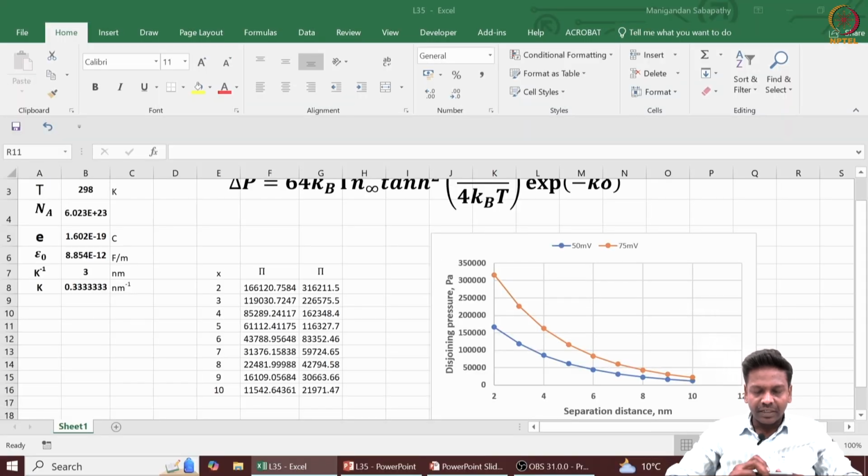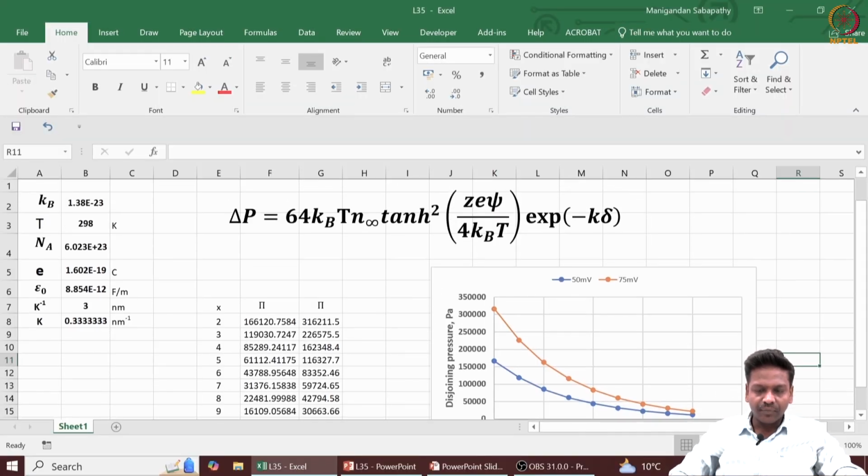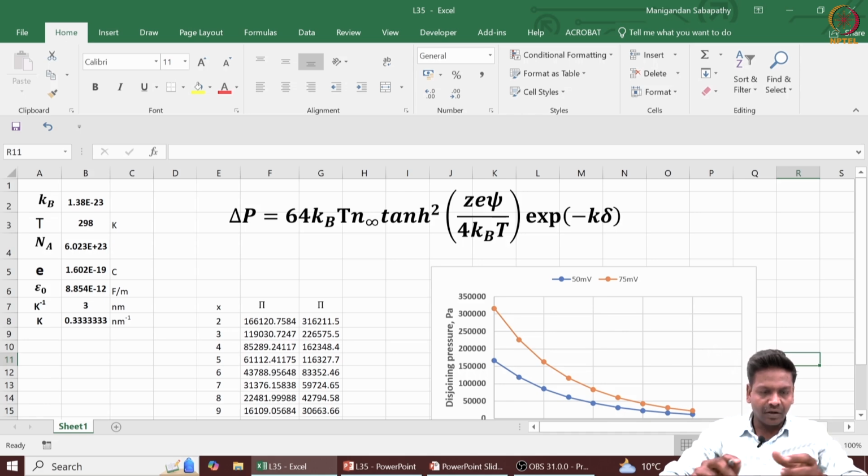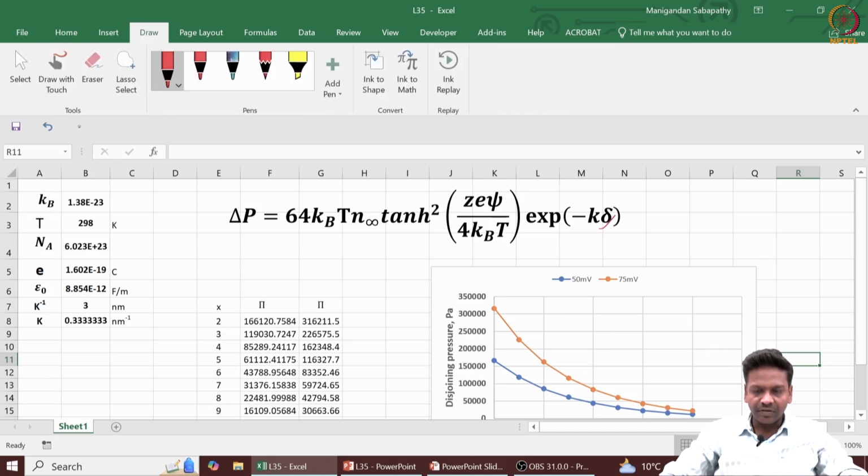Let us look at the equation that we have. This is a function of delta, that is the separation distance. This we already know. Kappa is the inverse of the Debye length, which we already calculated, and it is also given here, along with the hyperbolic function.